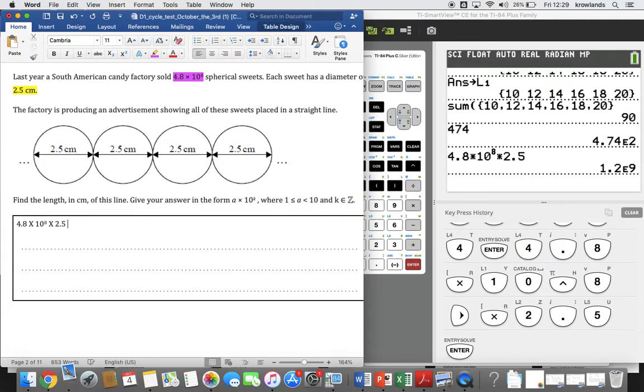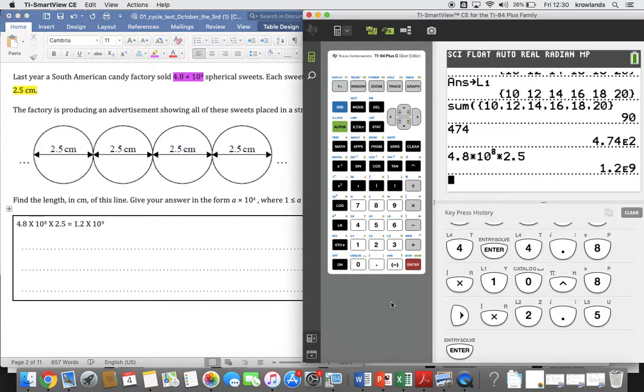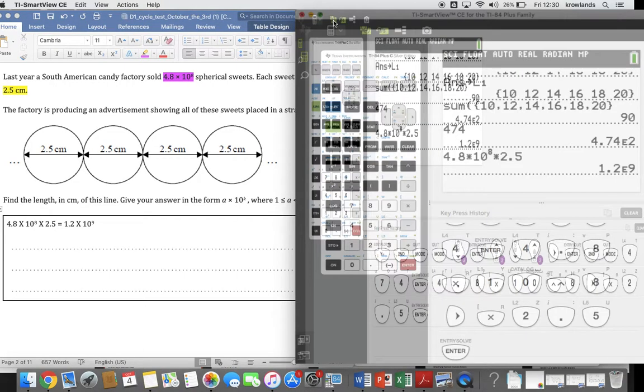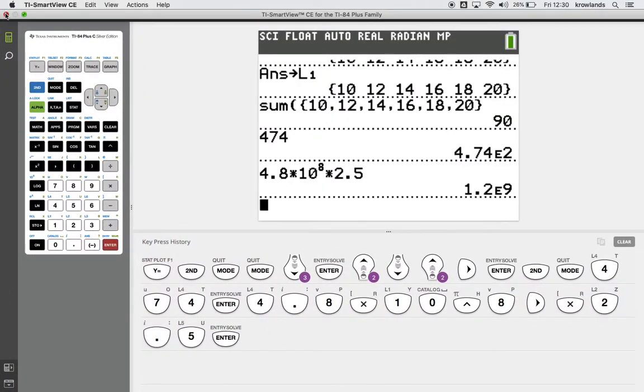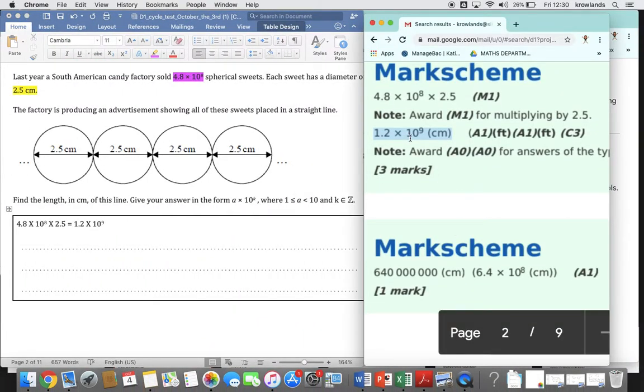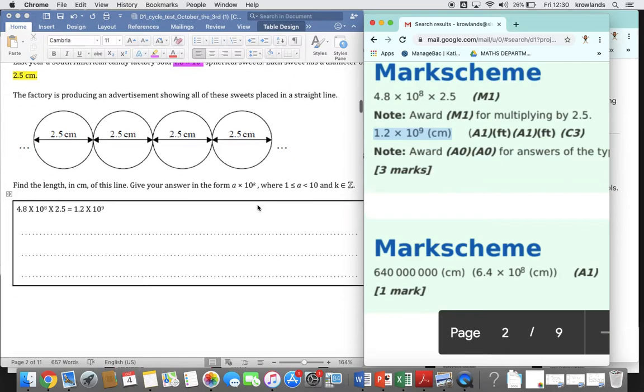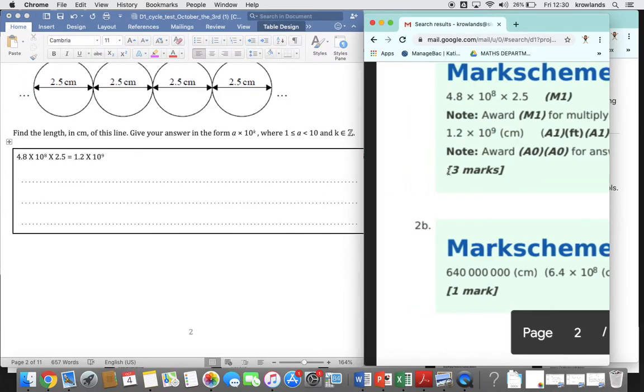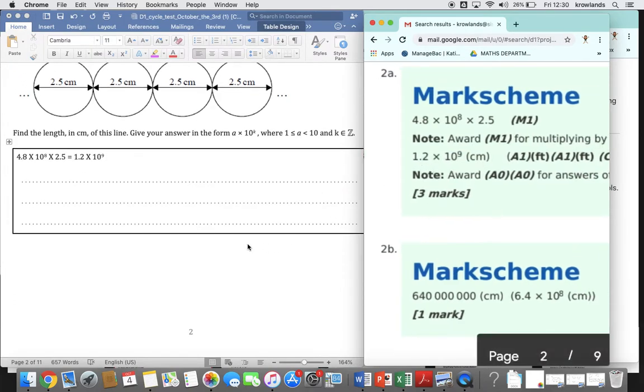So I'm going to write down, rather than 1.2E9, 1.2 times 10 to the power of 9. And that is our answer. Double checking with the mark scheme, the answer is 1.2 times 10 to the power of 9. Right, now we're going to go on to 2b.